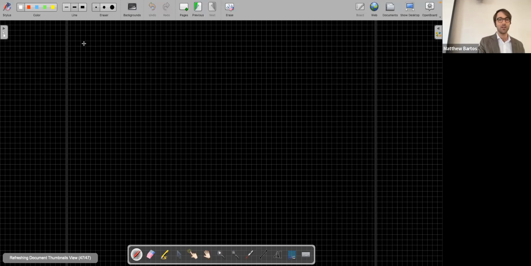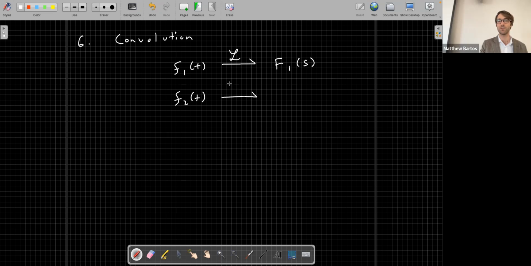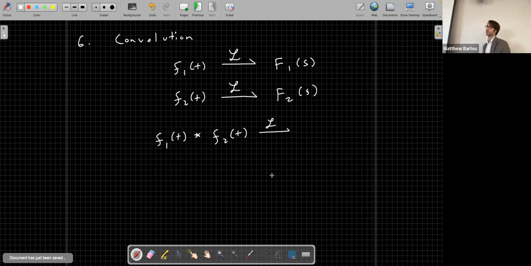Okay. Property number 6, convolution. This is the property that I showed you towards the beginning of class. If we have a function f1 of t that maps to big F1 of s, and f2 of t that maps to big F2 of s, and we convolve f1 of t with f2 of t and take the Laplace transform, what is that equivalent to?